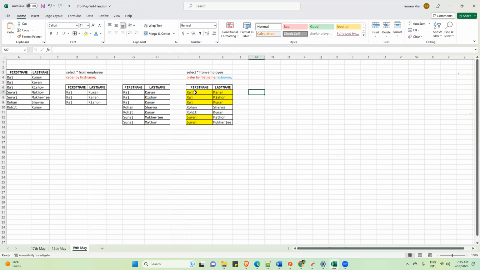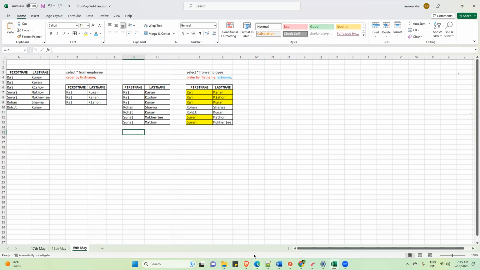If multiple records have the same first name, then sort based on the last name, but in descending order. Is the question clear? Sort by first name in ascending order, but if multiple records have the same first name, sort by last name in descending order.